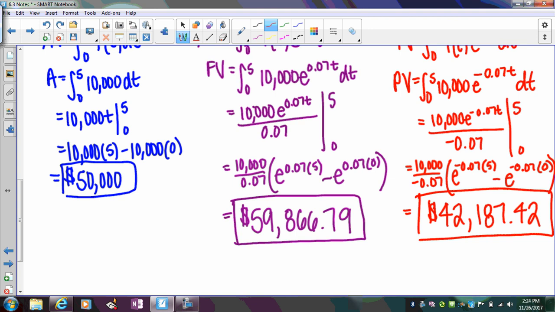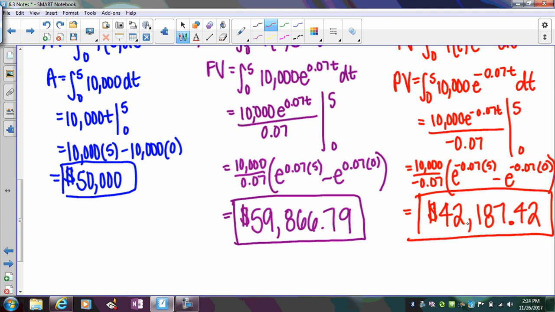So what this means is the present value of the account is worth $42,187.42. So in other words, this is the amount of the lump sum that would have to be deposited now to have the $59,000 later.